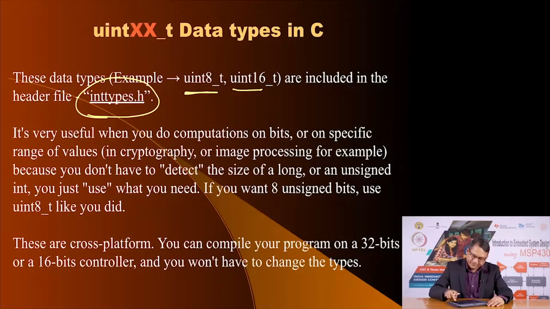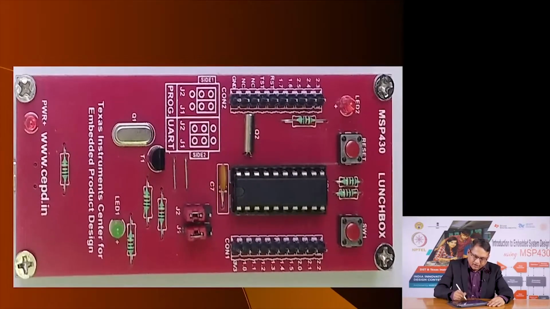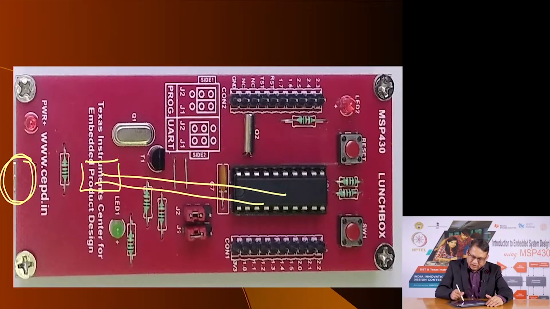Well, now coming back to the whole point of using a serial debugger or a serial print, here is the microcontroller lunchbox that you would have received. Now, if you see here, underneath here is the USB port, and there is a chip underneath here which is a USB to UART converter, which connects to appropriate UART pins on the microcontroller.